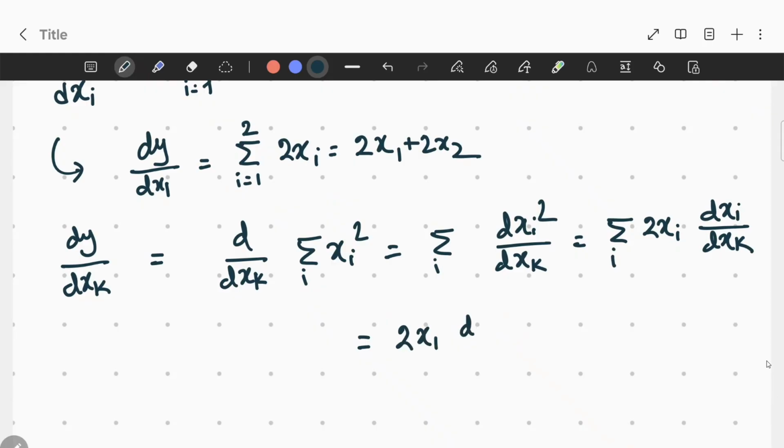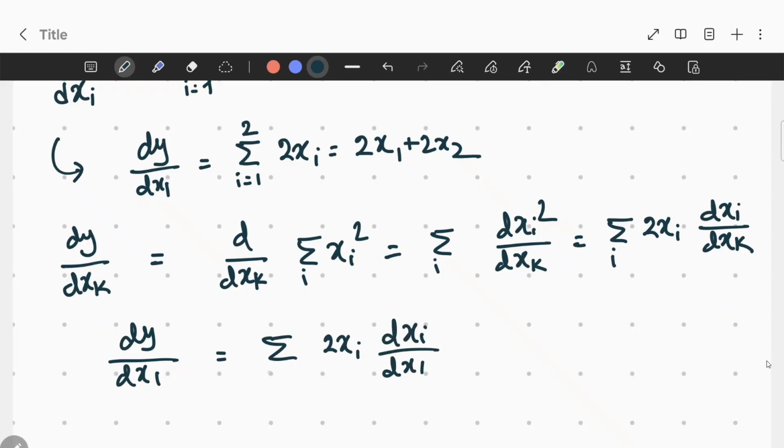We are doing dy/dx1, so it will be 2x1, dx1/dx1 cancels, plus 2x2 dx2/dx1. So it's matching.